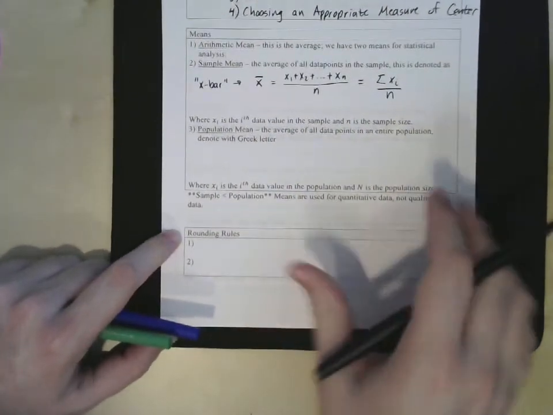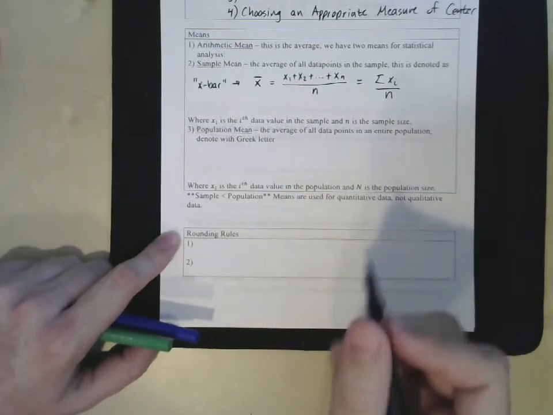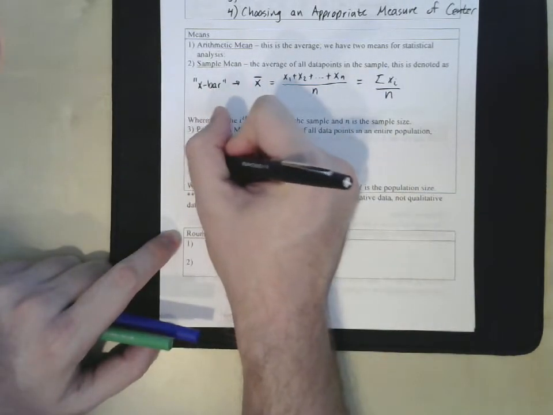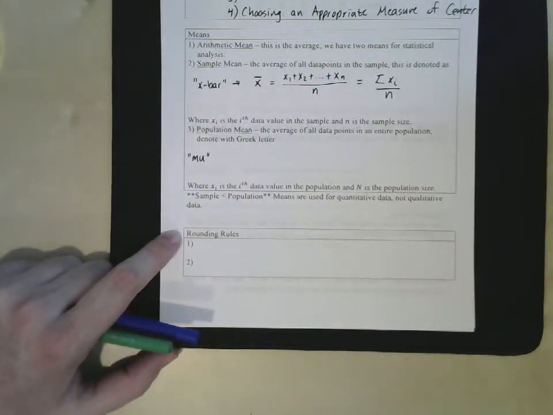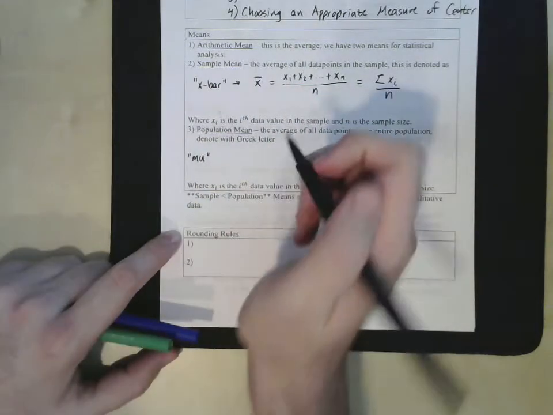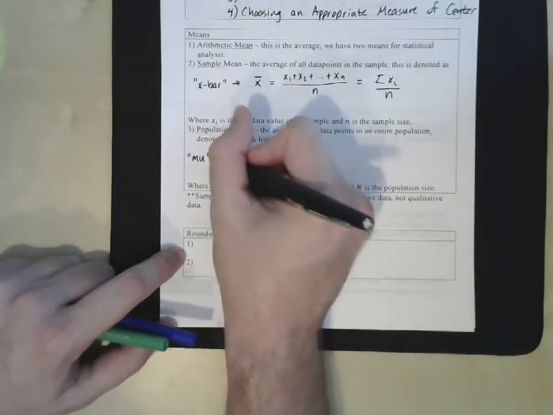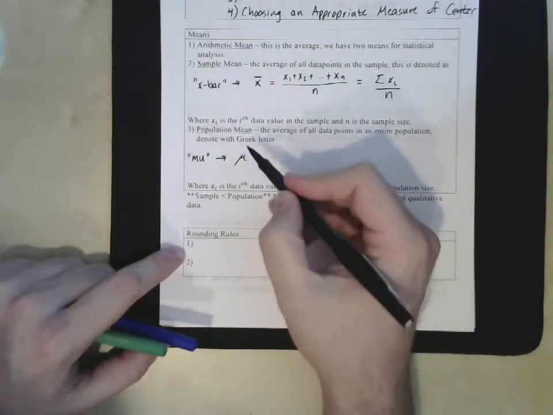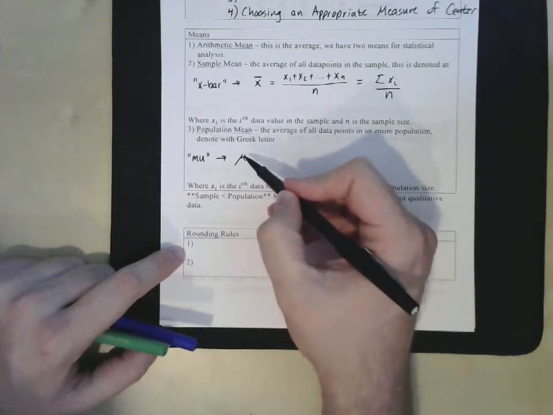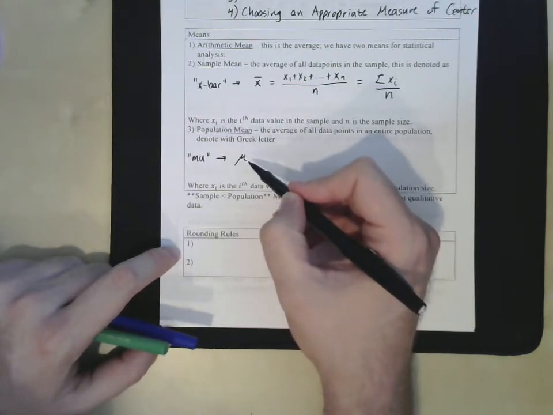And then when we're talking about populations, we have population mean, and this is mu. It is a Greek letter. Mathematics loves Greek letters because the ancient Greeks built classical mathematics as we know it. So mu is this symbol. It looks like an M with a long leg on the left and a little bit of a swirl, a curl on the right.